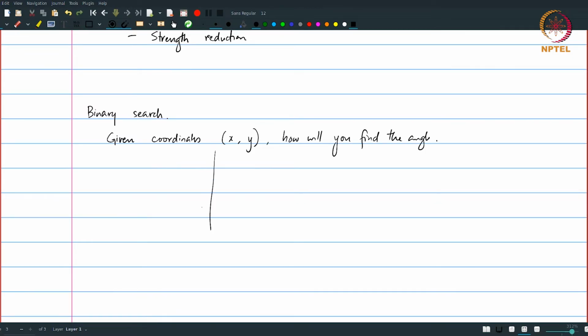In other words, in a 2D system, if I have my coordinate system out here and I have this set of specific coordinates x, y, the length of this line is called the magnitude, and this angle is what we are interested in finding.